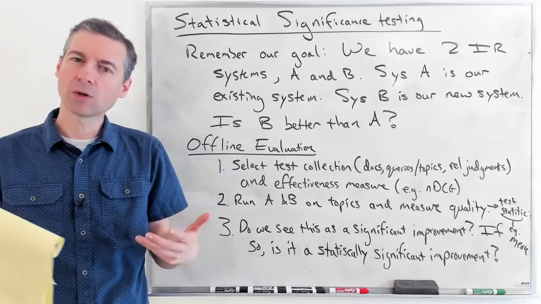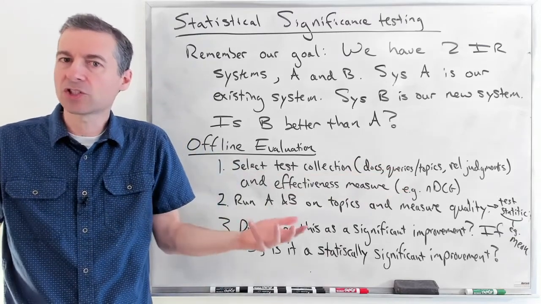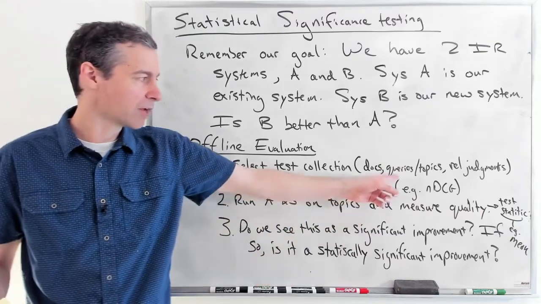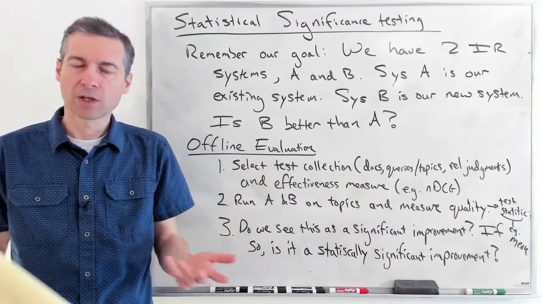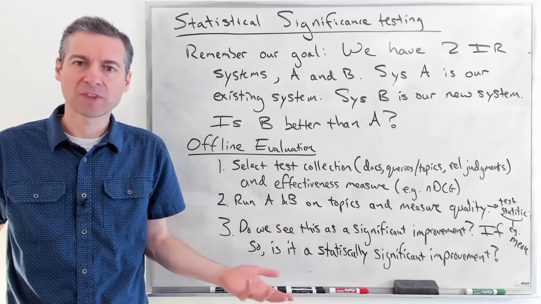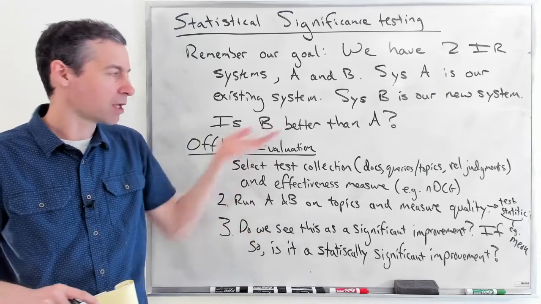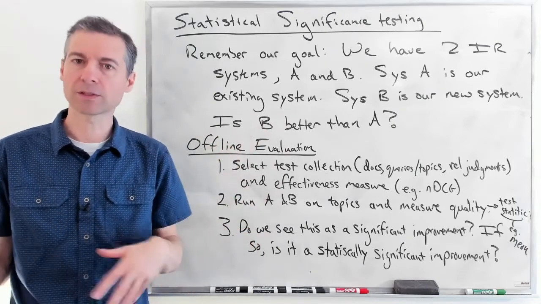We need to know, could it just be that we don't have enough sample points? We haven't tried enough queries? Could it just be luck based upon the picking of these queries that system B looks better than system A?